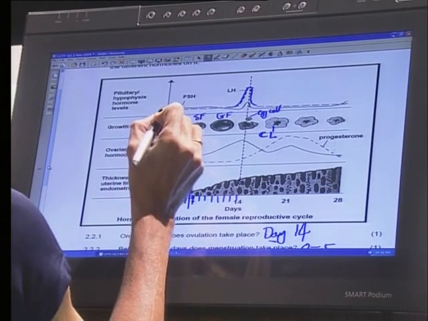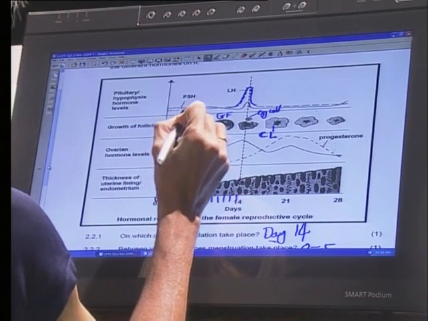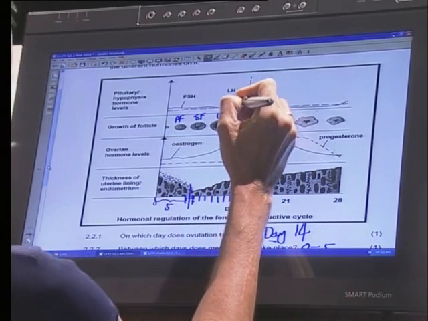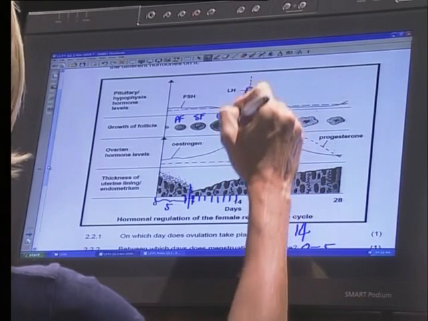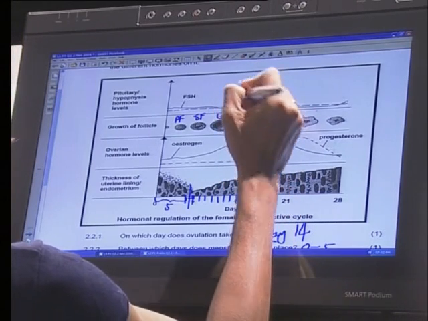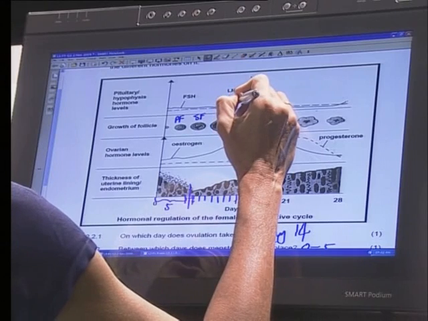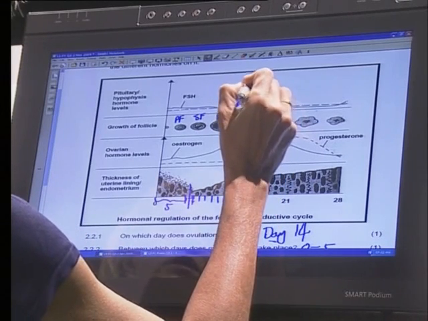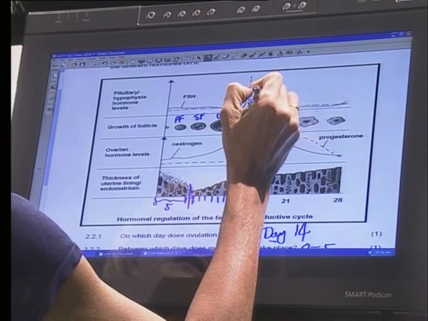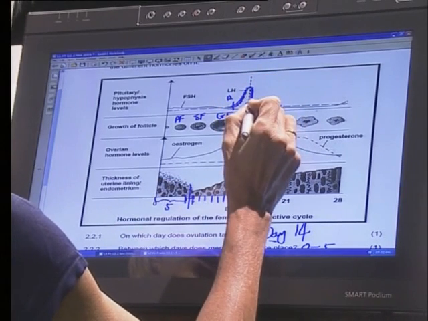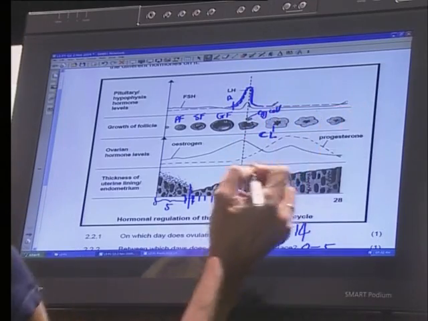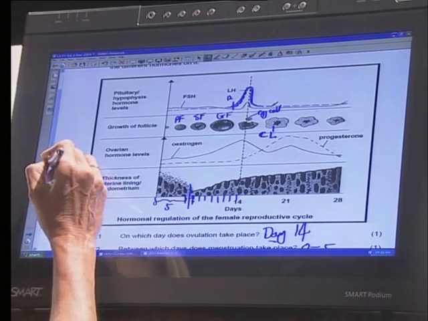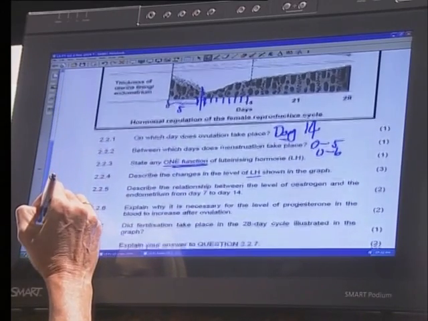So we have a fairly constant amount of luteinizing hormone until approximately day 12. Then there is a sharp increase in the luteinizing hormone up to day 14. And then there is a sharp decrease where it evens out again, and there's a very, very slight decrease by day 28. That's it. You're reading what you see.